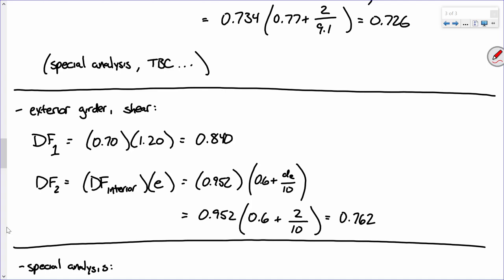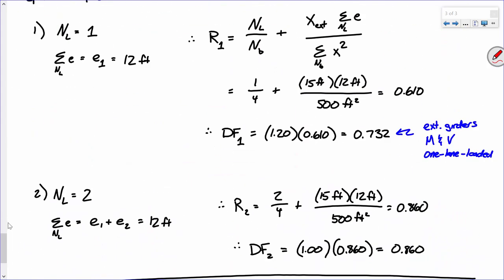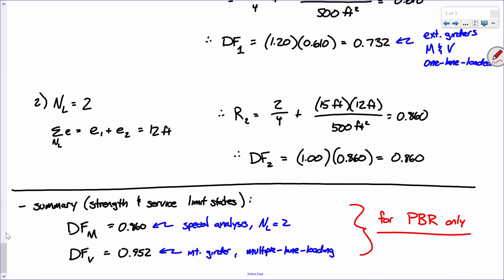And that's just a distance from the exterior girder to that curb. So I propose that this shear distribution factor, right off the bat, I know that that's going to work across the board, the 0.952. I propose that that's going to work across the board. Sound good? Okay. So all we got to do is moment.